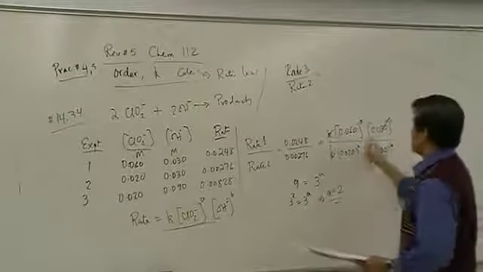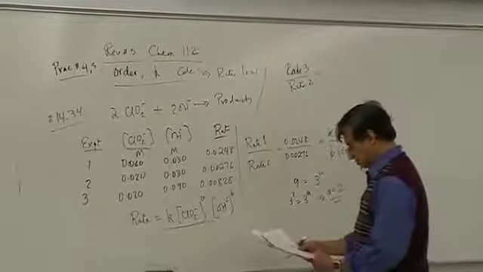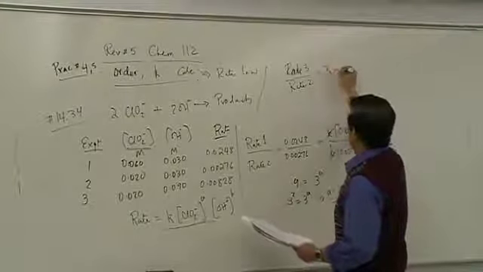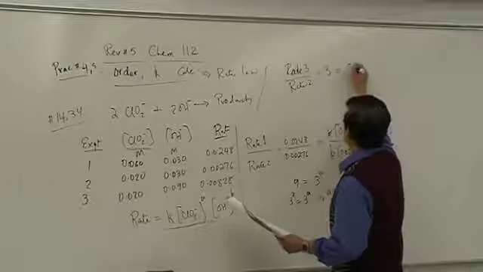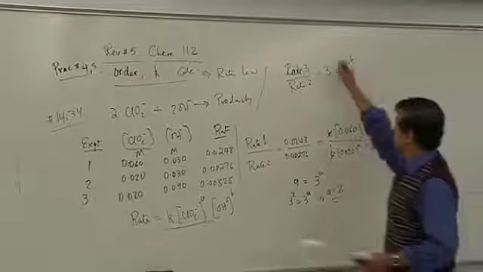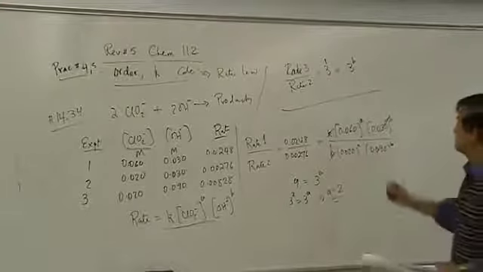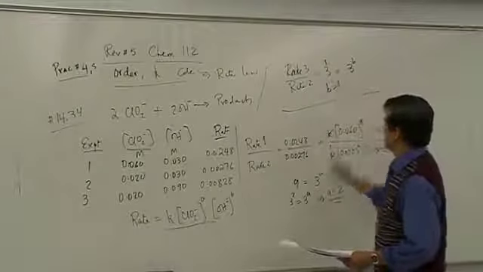Again, in the same way you can do the math, and what you're going to get is the following. 3 equals 3 to the power B. So this 3 means 3 to the power 1. So make sure you try this, and that gives you B equals 1.